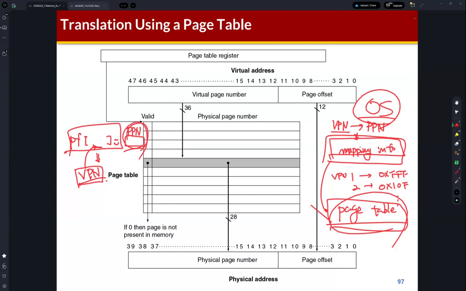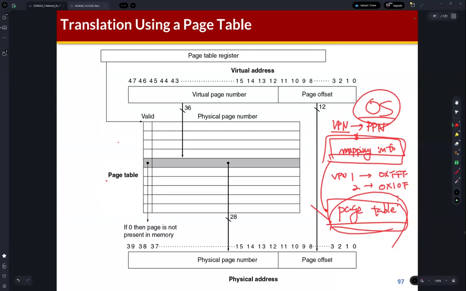And this operation is supported by the operating system. This is a data structure, which means this data structure exists in the main memory.